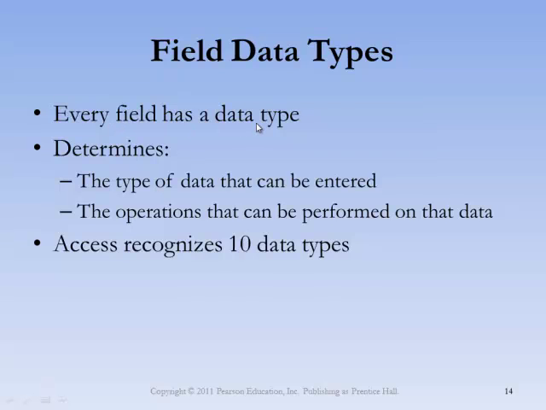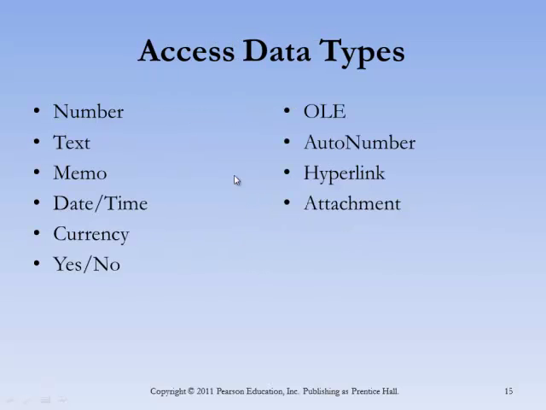You also need to specify a data type, because that's the type of data that can be entered. Access has 10 data types. Let's take a look at them here. The ones you'll be using mostly are number, text, date, time, currency. Yes/No is a Boolean. There's only two values.